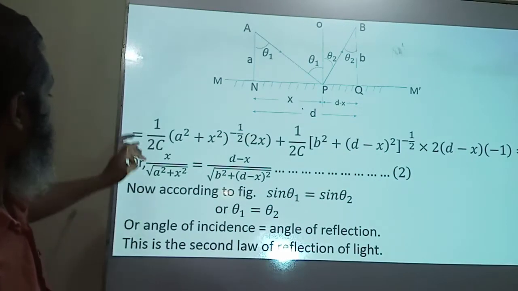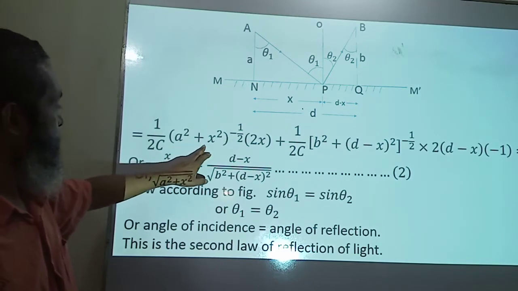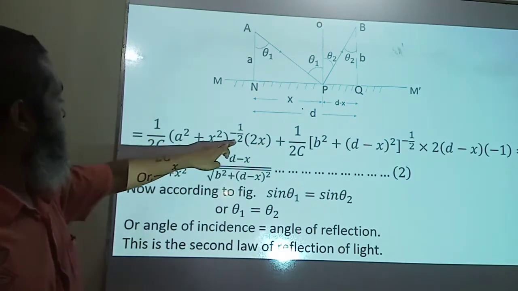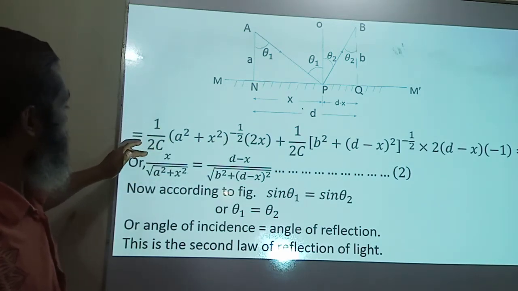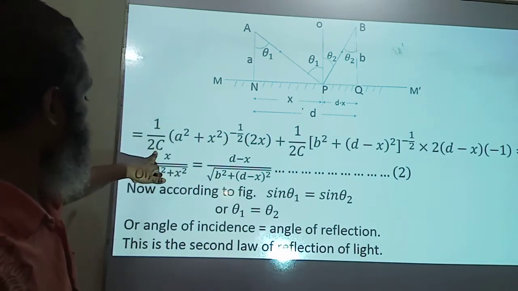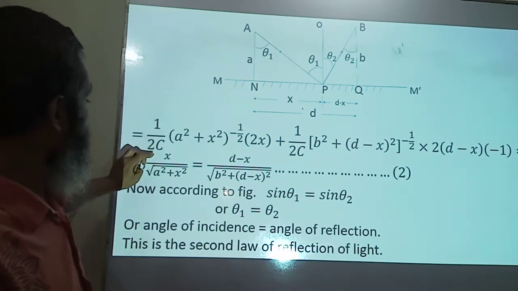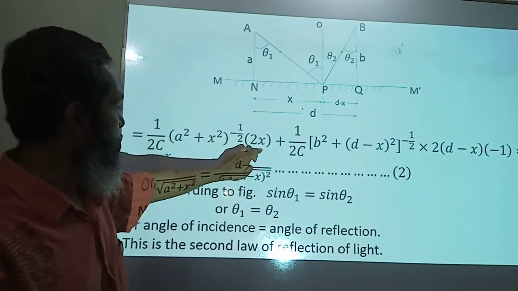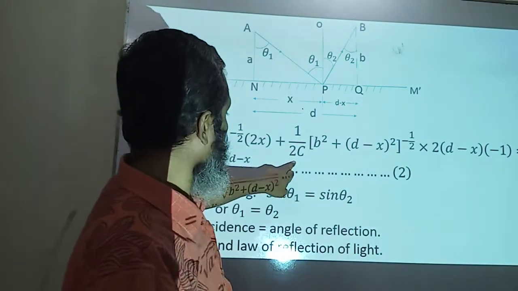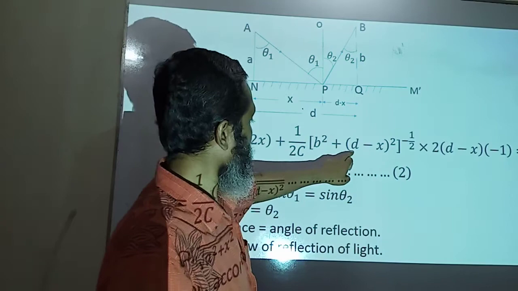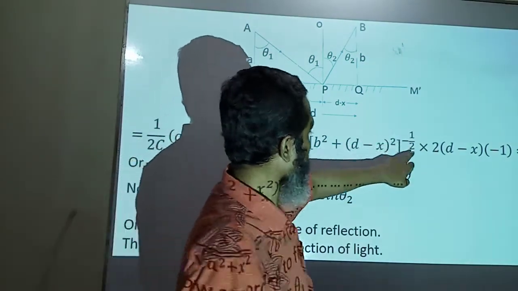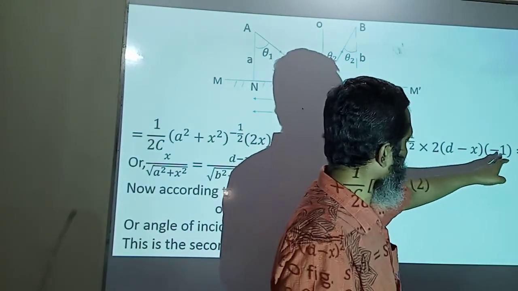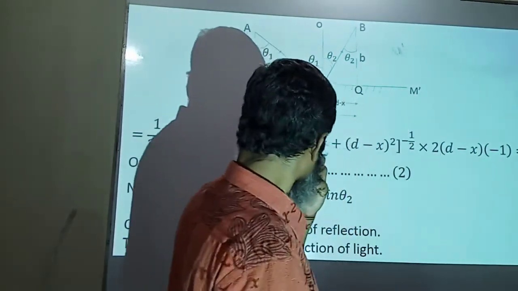That is a square plus x square, its power will be minus half, then 2x, and this half will come here, so 1 by 2c. So 1 upon 2c into (a square plus x square) to the power minus half, then 2x, plus again 1 upon 2c (b square plus (d minus x) whole square) to the power minus half, 2(d minus x), and if we differentiate d minus x, then it is minus 1, is equal to 0.